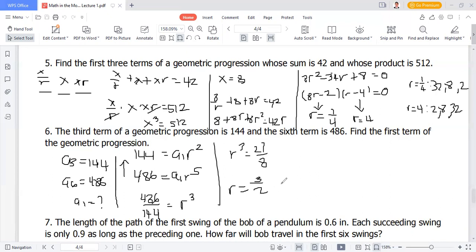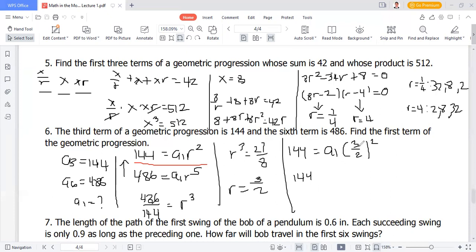So, pag nakuha na natin si r, kunin natin si a sub 1. Mamili lang tayo dito kung alin yung pwedeng gamitin. So kahit ang gagamitin ko na lang ay ito para mas mababa. Yung 144 equals a sub 1 times r squared. Meron na tayong r, 3/2 squared. So solve for a na lang. Magiging 144.